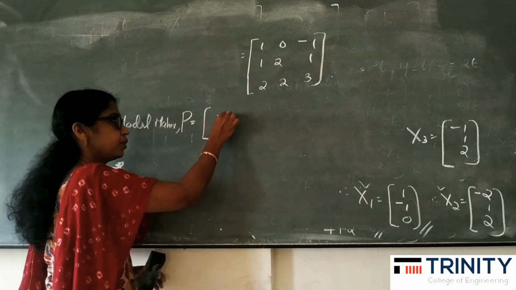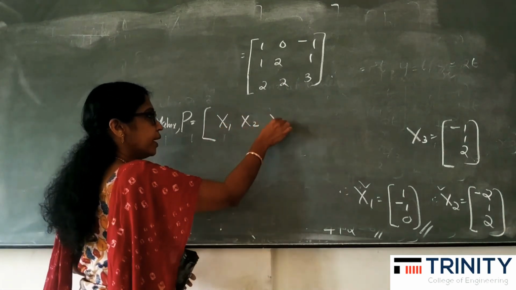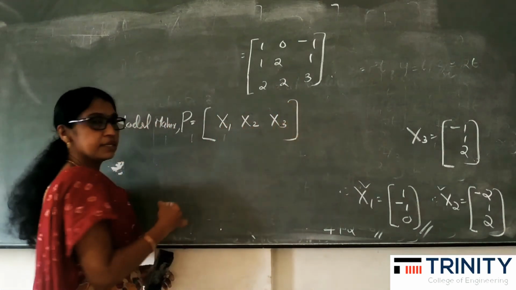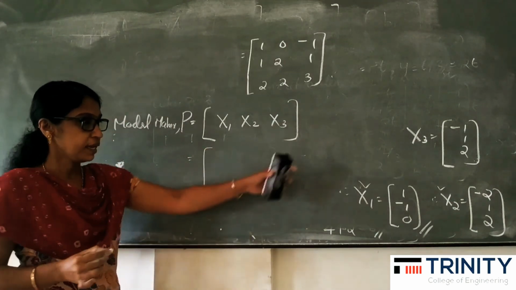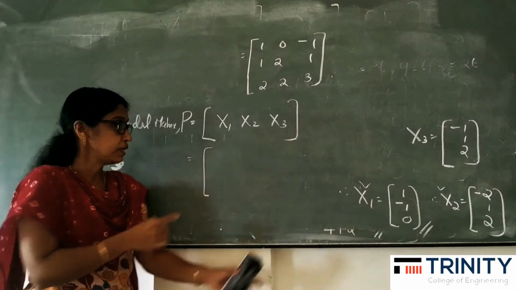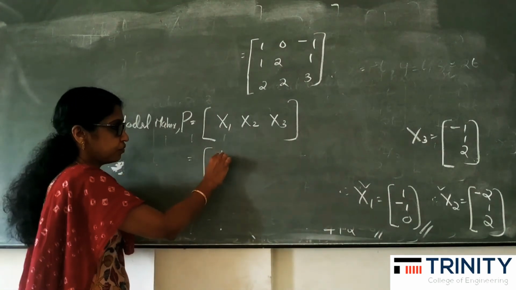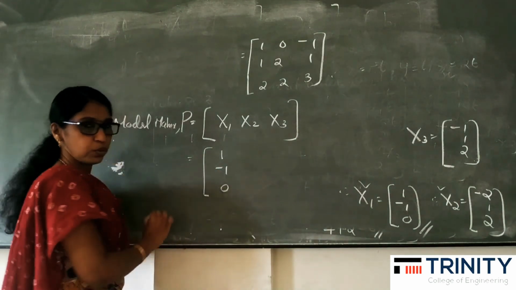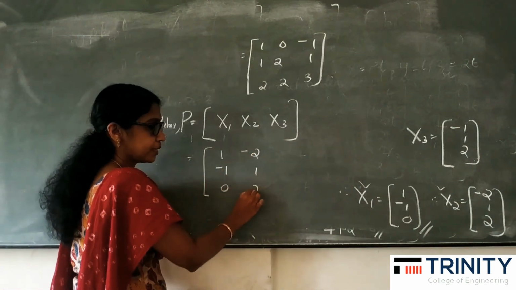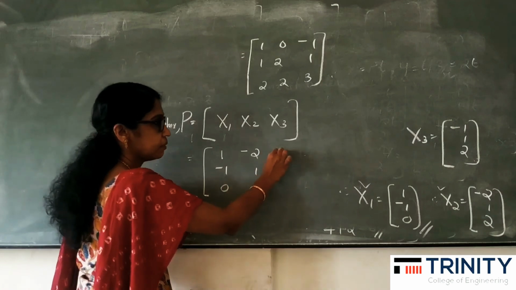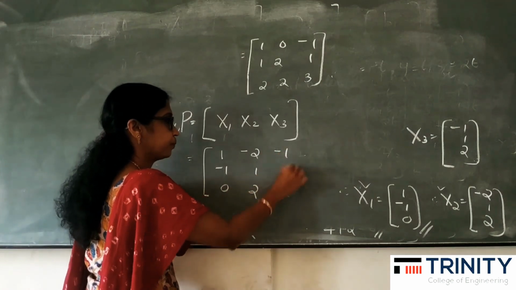P is equal to x1, x2, x3. First we write the eigen vector x1 as the first column: 1, minus 1, 0. Now second, minus 2, 1, 2, that is x2. And what is x3? Minus 1, 1 and 2.